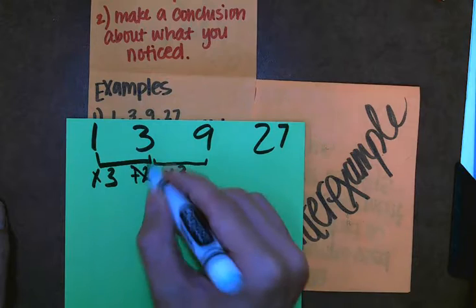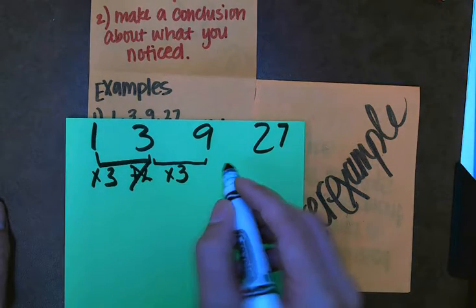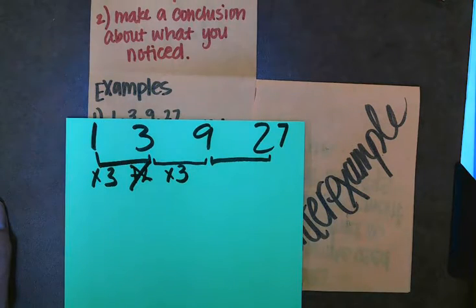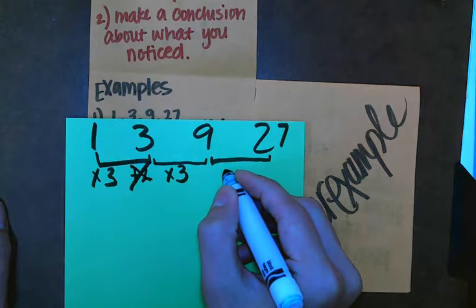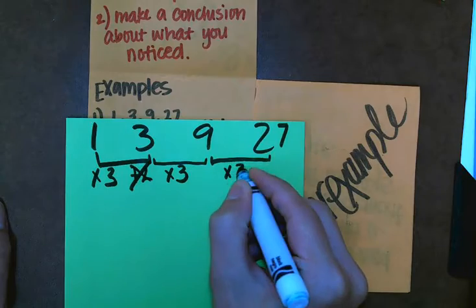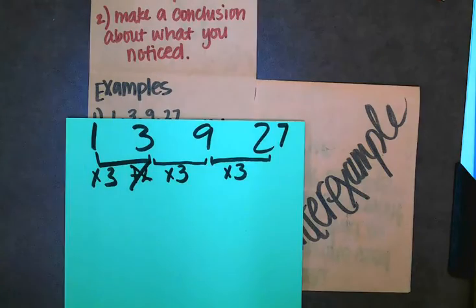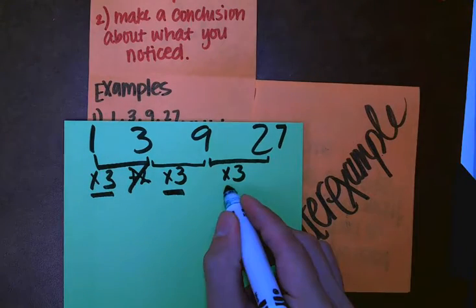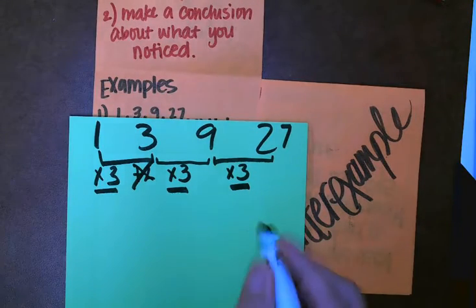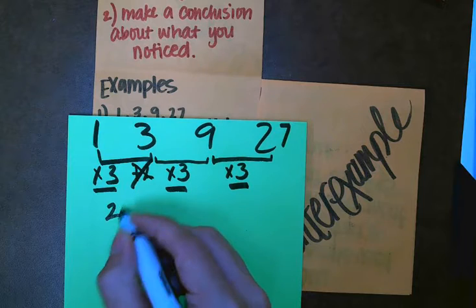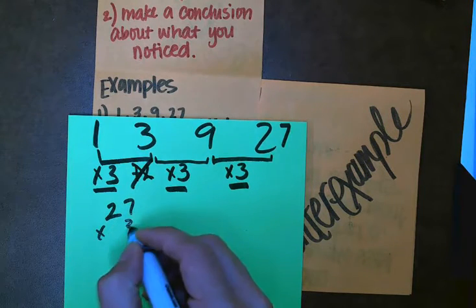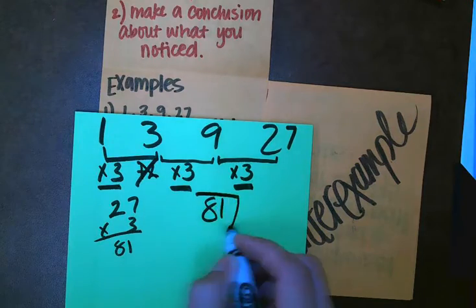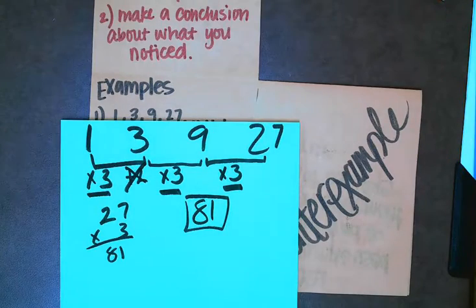So we know it's not plus 2. How about from 9 to 27? What did we do? Times 3. So we think our next number, based off of our pattern of multiplying by 3, is going to be 27 times 3, which is 81. So we think our next number will be 81.